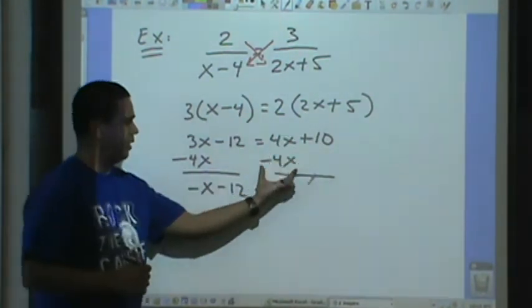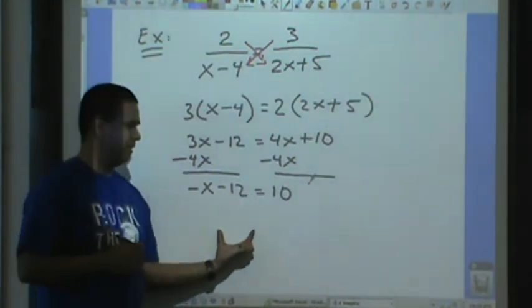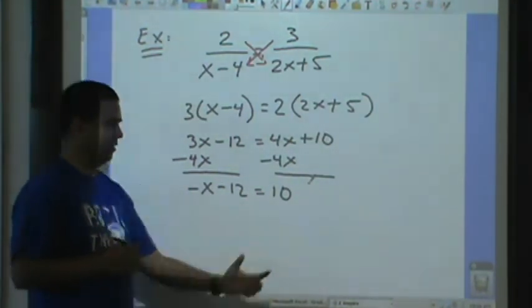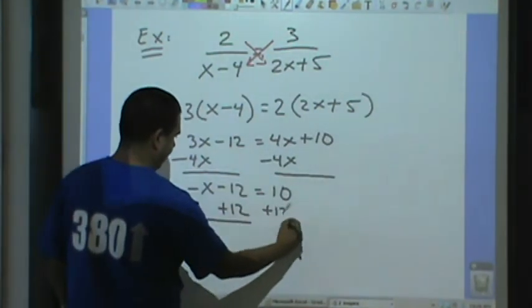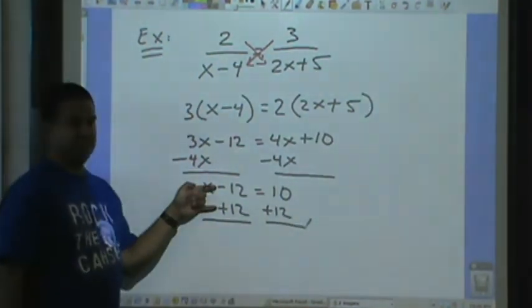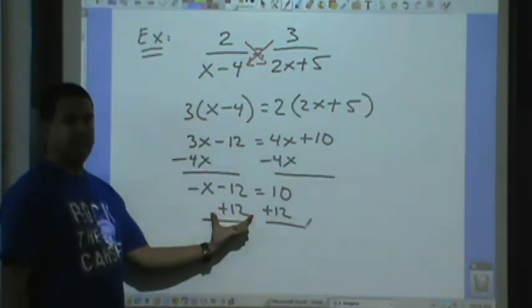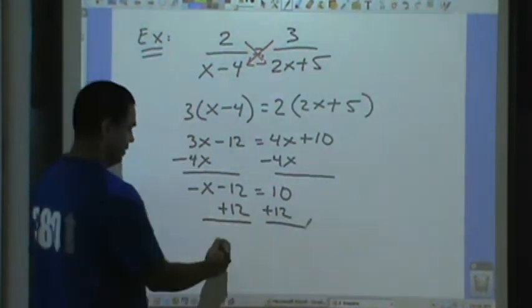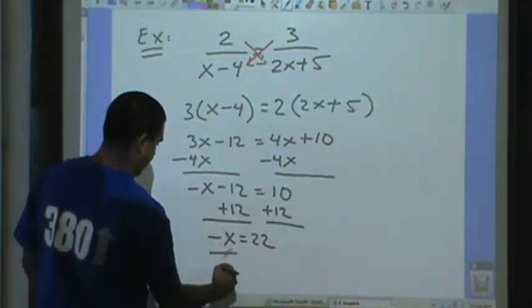And if we bring the variable to the left, we take the constant to the right. Always the inverse. You subtracted 12, the inverse is add 12. So the answer is 22.